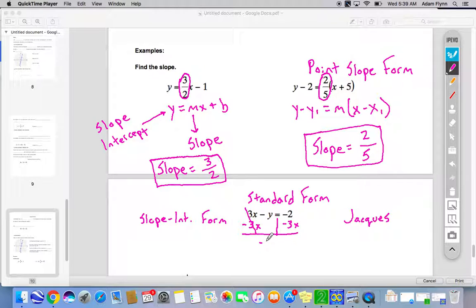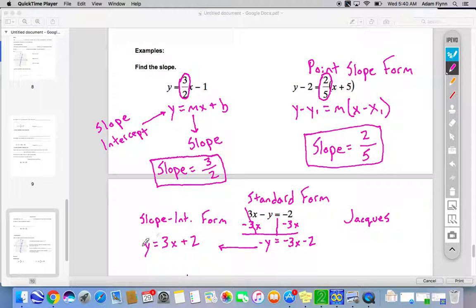So I'm left with negative y equals negative 3x minus 2. Okay, and to get this y by itself, it has a negative sign right now, I can divide by negative 1, which would flip my signs over here. So I end up getting y equals 3x plus 2.